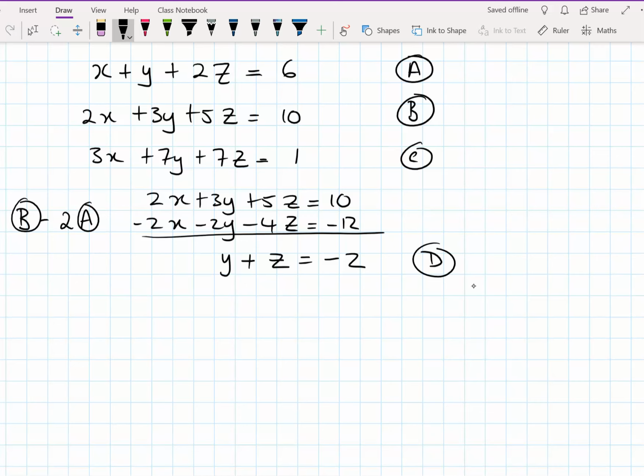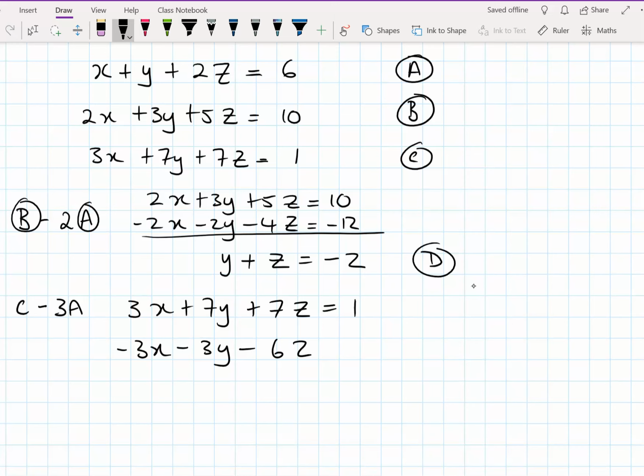Now I need to take another pair of equations and try and eliminate something from there as well. So this time I'm going to take equation C, and from it I'm going to subtract 3 lots of equation A. Equation C looks like this: 3x plus 7y plus 7z equals 1. And 3 lots of A will be minus 3x minus 3y minus 6z is equal to minus 18.